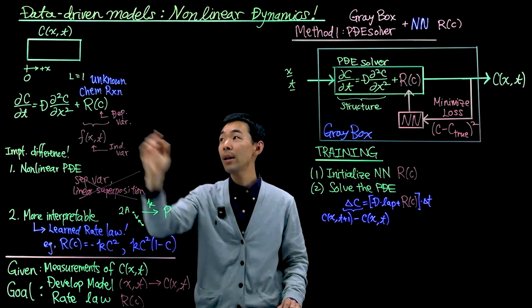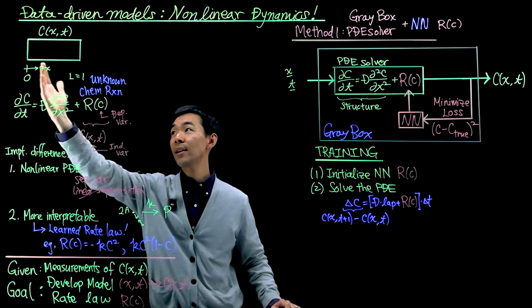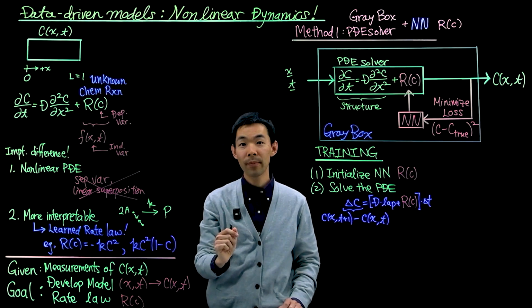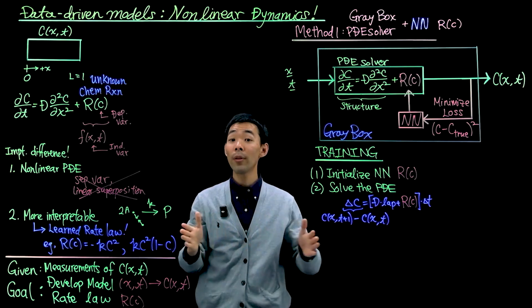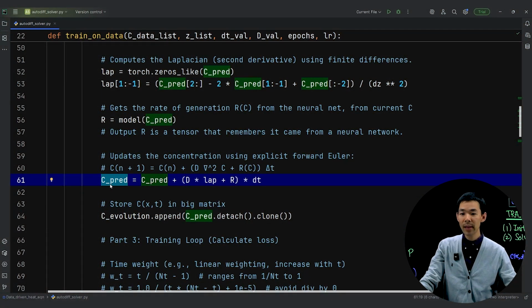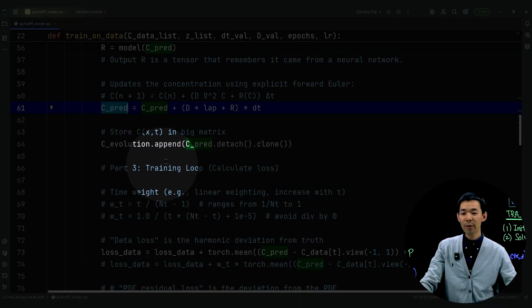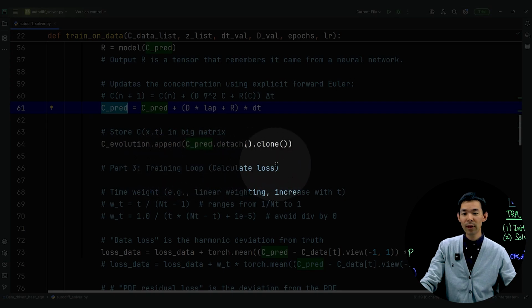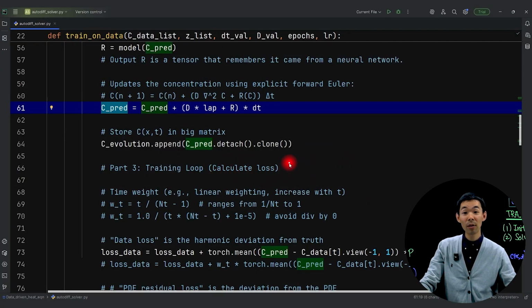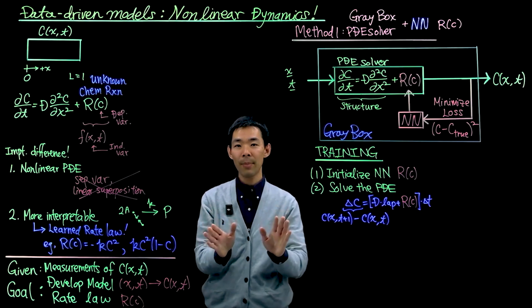So it's a 1 by nx vector. Okay, it's a 1D vector containing all the spatial points. Okay, so now we're going to store that current time step's concentration as a function of position into C evolution because we want to save this for later comparison. And then now we enter part 3 right here, which is calculation of our losses. Because think about it.